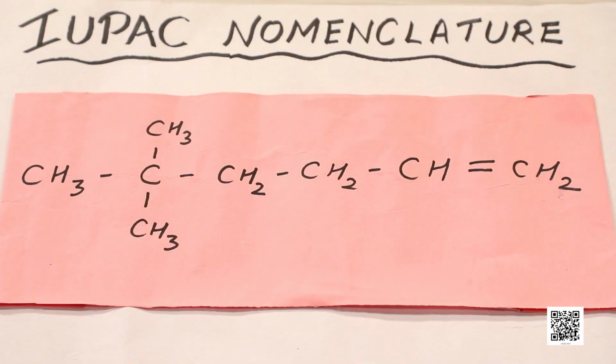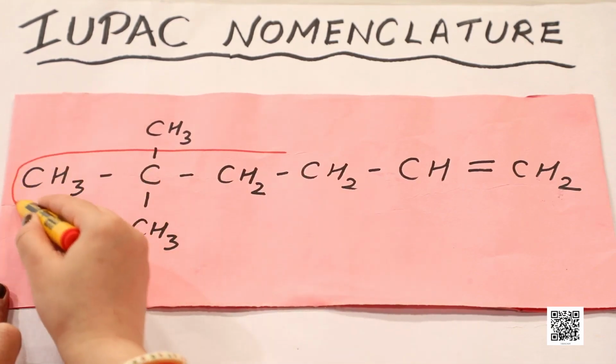Let us go with the second example. Now, first rule is selection of longest carbon chain. But here we need to focus a lot. As we can see in this example, there is presence of a double bond, that is unsaturation. Whenever you see this kind of an example, you need to make the longest carbon chain which includes this double bond.